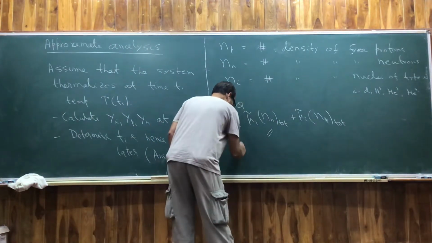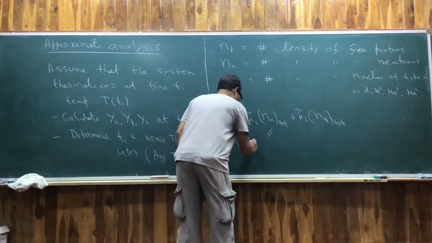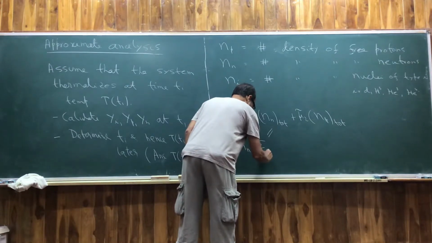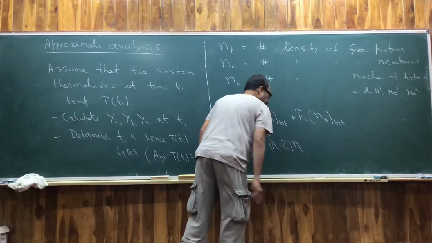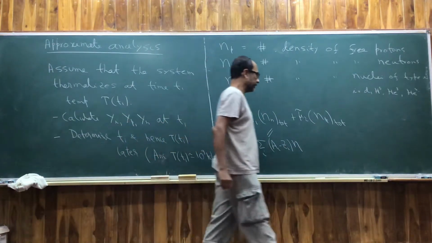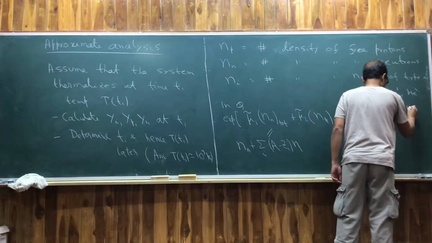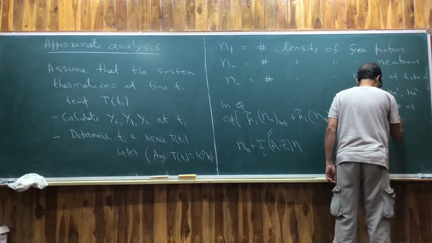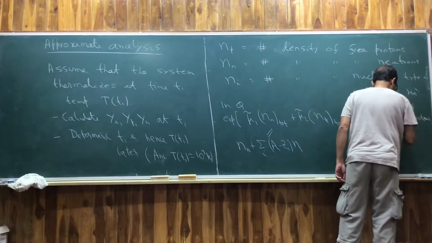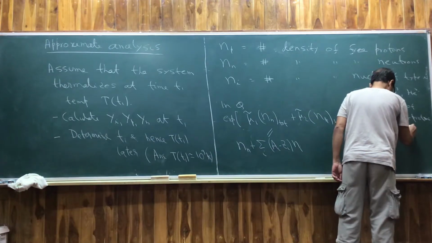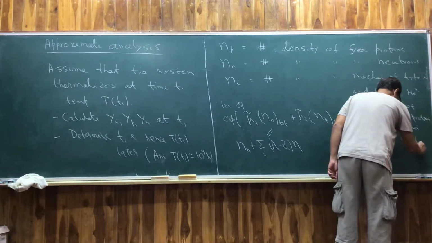Nn total will be Nn, the number of free neutrons, plus whatever comes from inside the nuclei. That will be the sum over i of (Ai minus Zi) times Ni. Ai is the number of neutrons plus protons per nucleus, and Zi is the number of protons per nucleus.